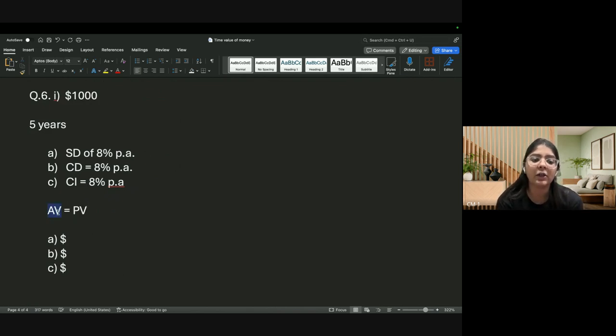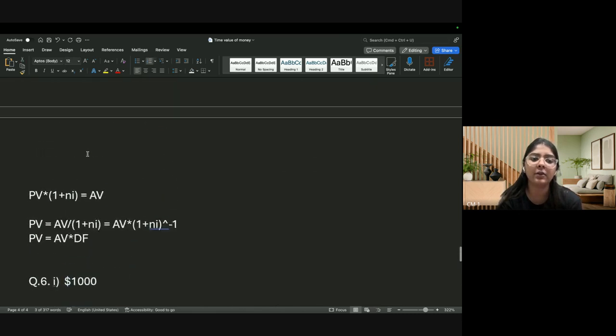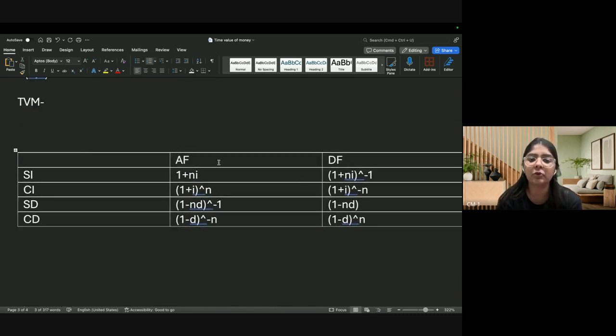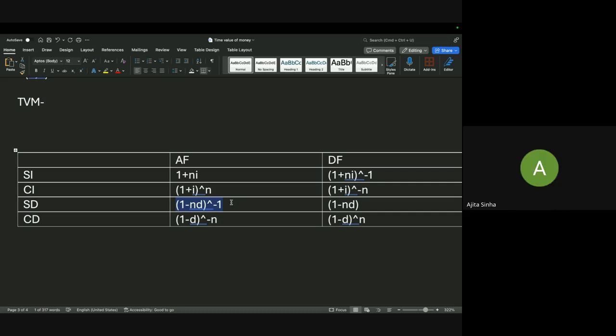When you are finding accumulated value from a present value, you have to accumulate. Accumulation is usually done using a rate of interest and not a rate of discount. But when you have to do this using a rate of discount, for a simple discount, the accumulation factor is this, raised to minus 1. Understood?